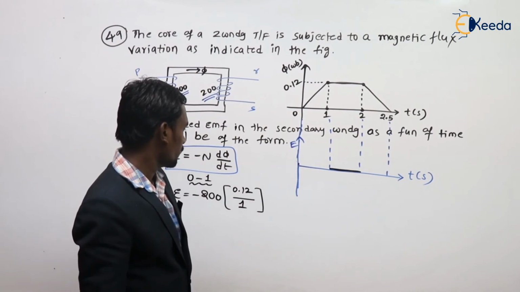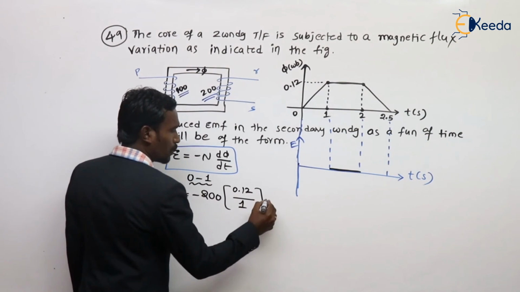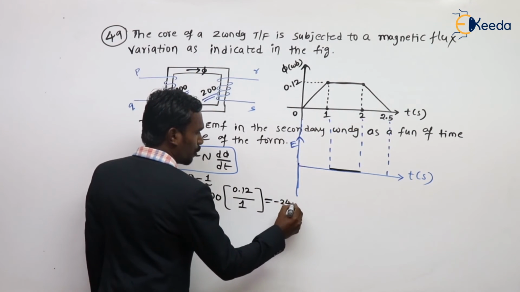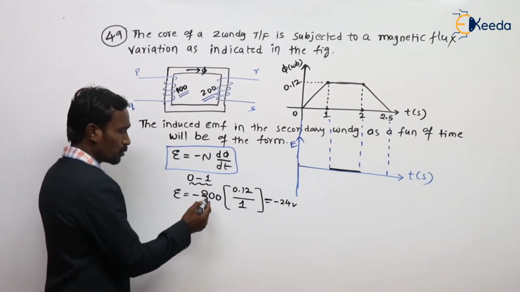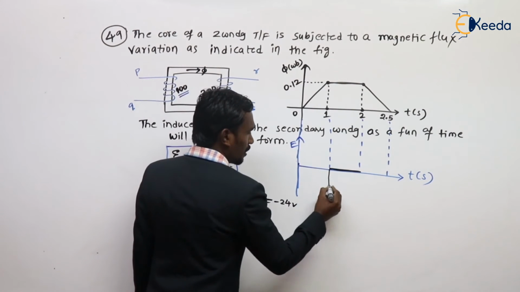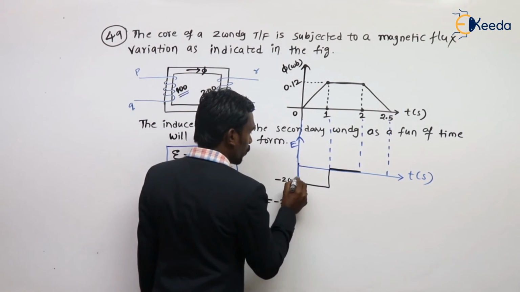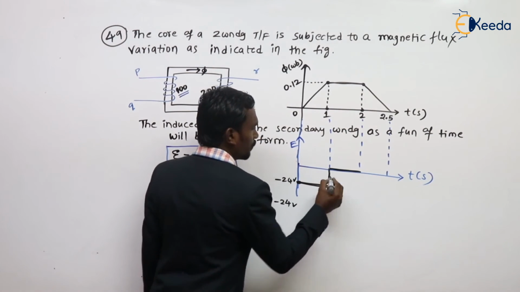This is our answer. So what is the answer? 0.12 into 200, nothing but minus 24 volts. 2 12s are 24. So in this case, the voltage is minus 24 volts.